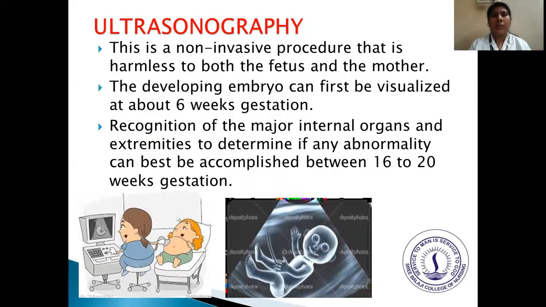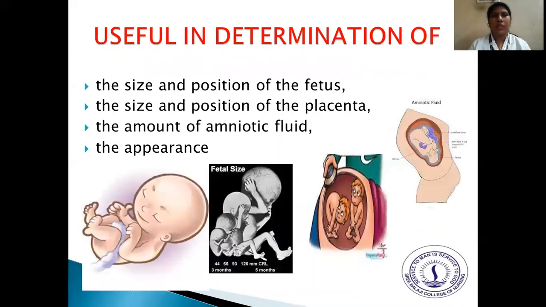Recognition of the major internal organs and extremities to determine if any abnormality is present can best be accomplished between 16 and 20 weeks of gestation. This is the procedure for ultrasonography. What are its uses?